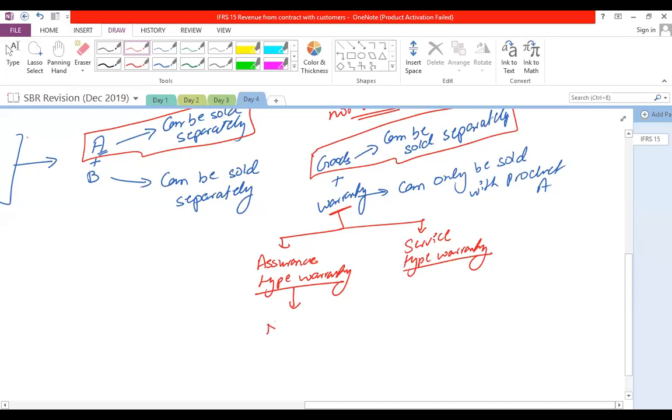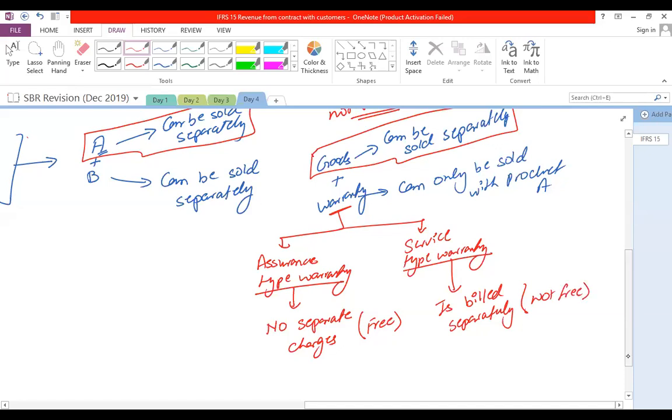In case of assurance type warranty, there are no separate charges for this warranty. This means this type of warranty will be provided free of cost. So any warranty given for free is called the assurance type warranty. And whatever is billed separately or additionally, which is not free, that is called a service type warranty.